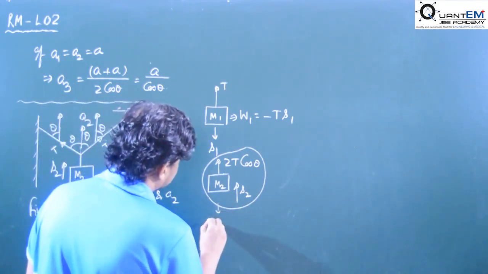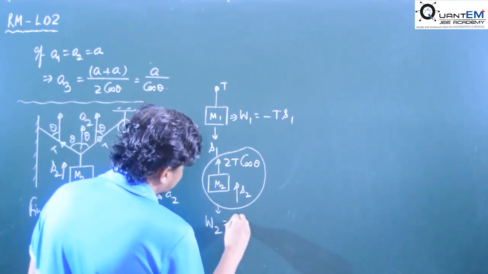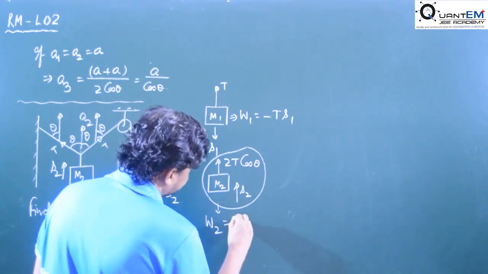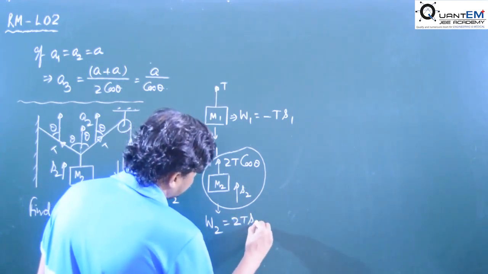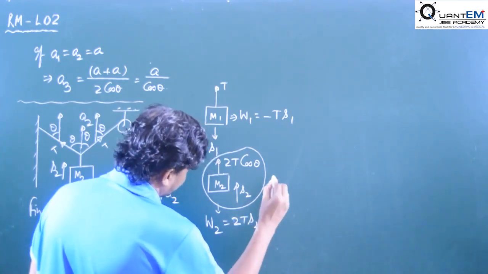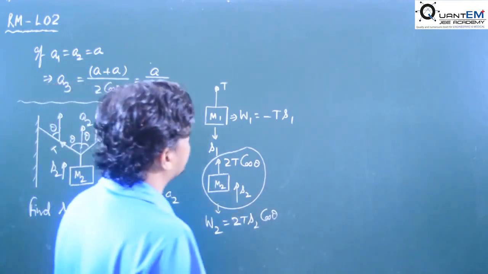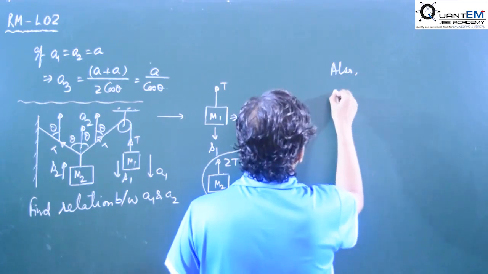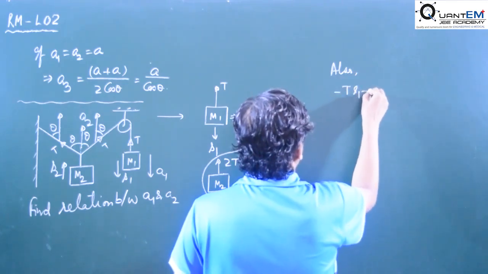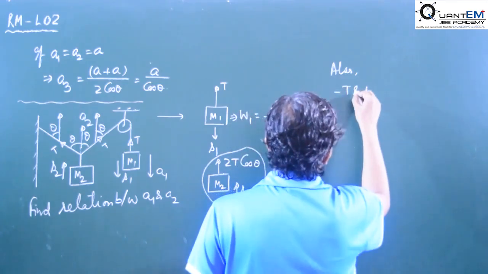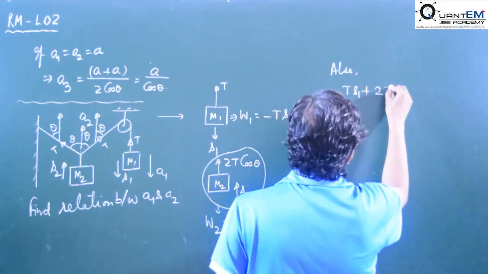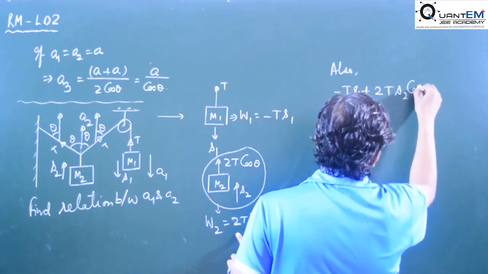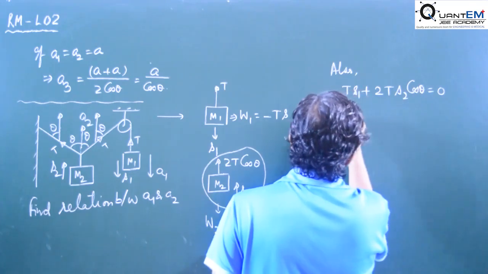2T cos theta and displacement are in the same direction. That's why the virtual work here is what? 2T S2 cos theta. Now net virtual work is what? 0. So also we have what? Minus T S1 plus 2T S2 cos theta, that is equal to 0.